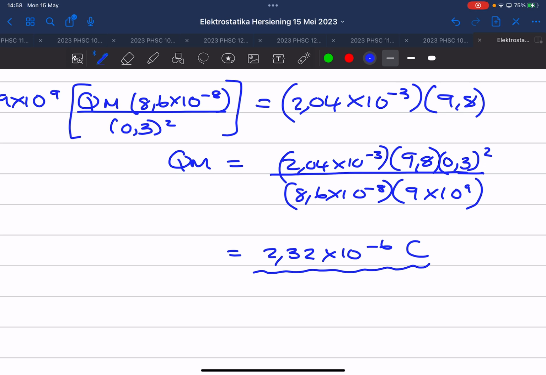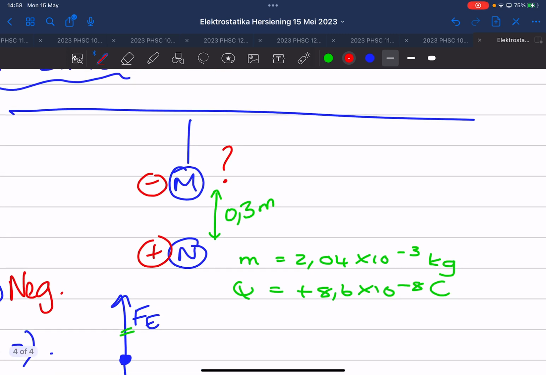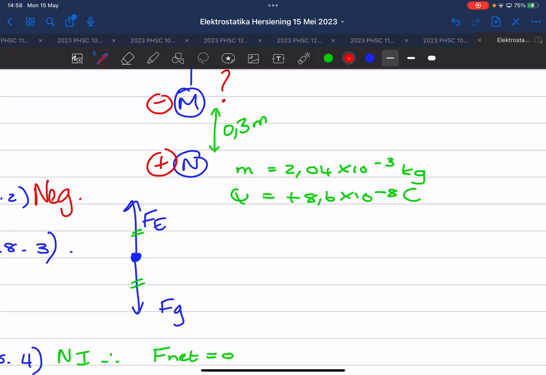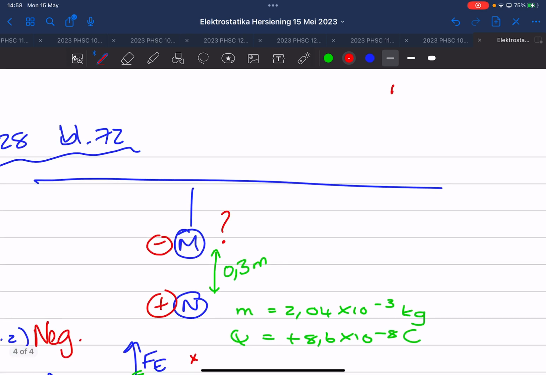Okay. En dan vraag 28.6 sê hulle vir jou hier onder en sit hulle nou 'n punt X. Ek gaan dit oor gaan teken. Okay, so ons het M daarso and then we have N here, and then below there's a point X. Okay, and they say that distance there is 0.1 meters.